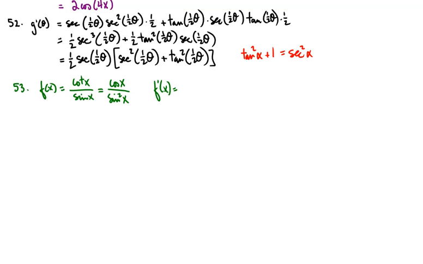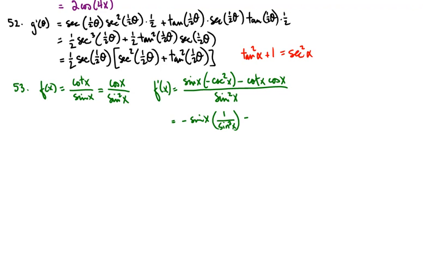So f prime of x using the quotient rule is low times the derivative of cotangent x, which is negative cosecant squared of x, minus high d low, which is cosine of x, all over low squared, sine squared of x. Now when we simplify, you want to remember that cosecant is 1 over sine, and cotangent is cosine over sine.